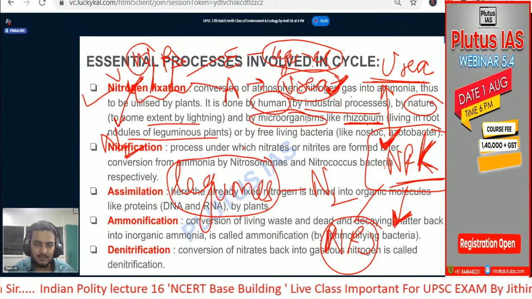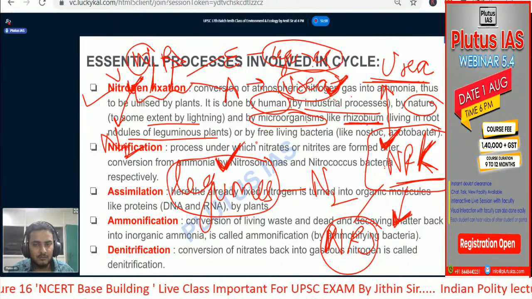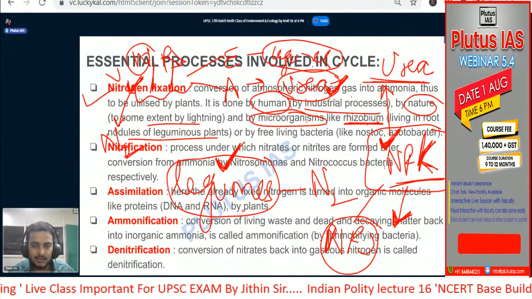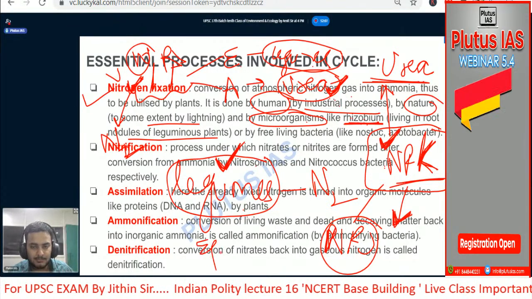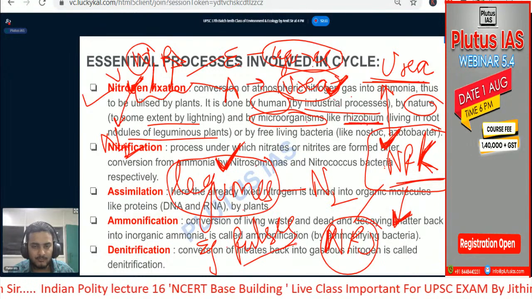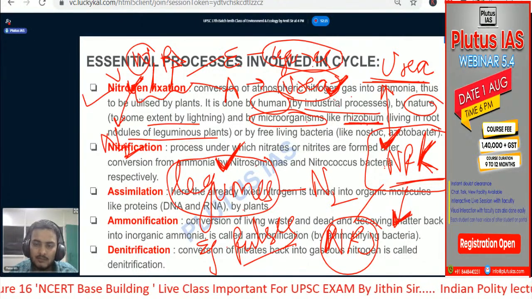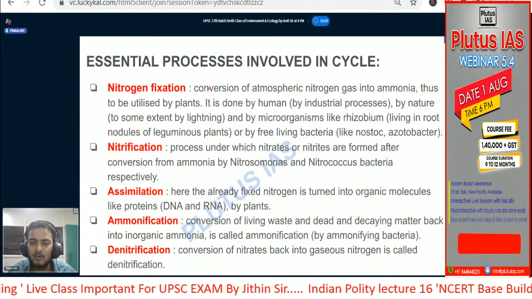The whole thing is that legumes are nitrogen fixing crops with the help of rhizobium bacteria, and they fix the nitrogen deficiency in soil. Example is pulses. There are two kinds of microorganisms.